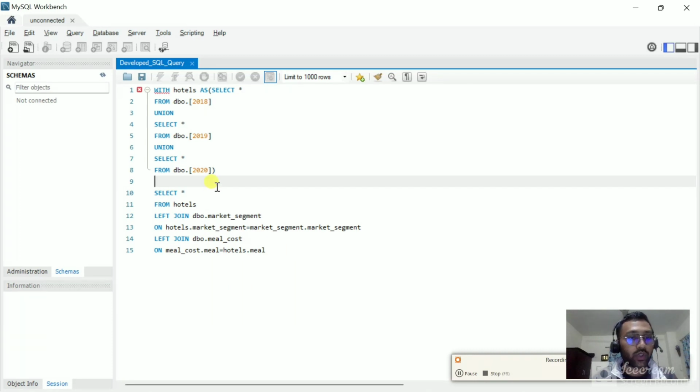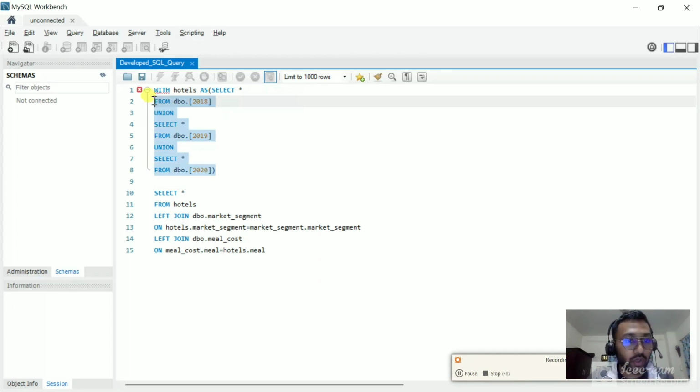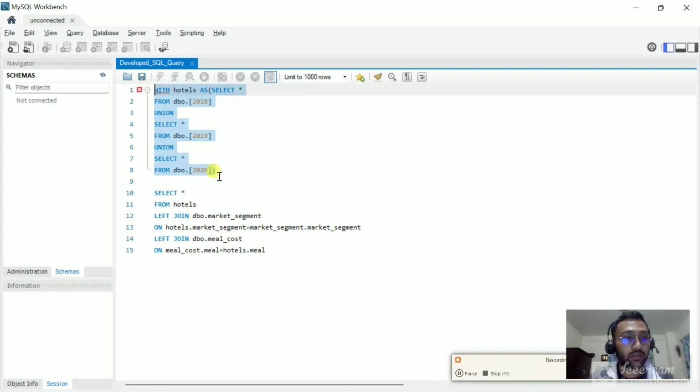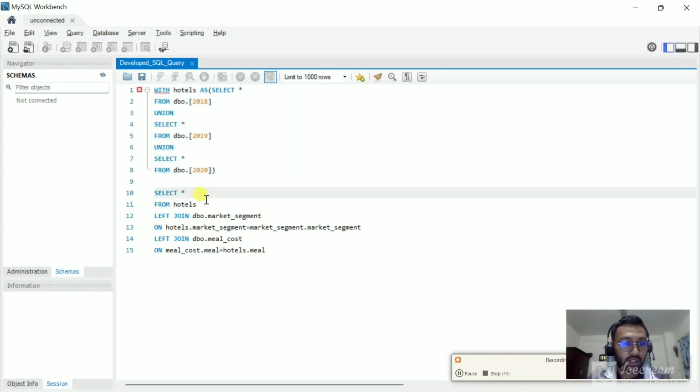So here we developed a simple SQL query where I combined the data into one sheet. For this I joined the three individual years, 2018, 19 and 20, by union. Then I select the whole table and join some criteria here.